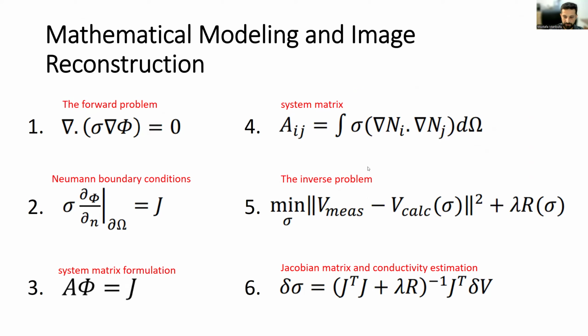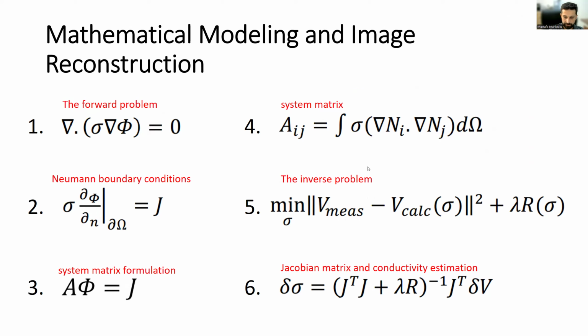The inverse problem is formulated as an optimization problem to minimize the objective function as given in equation 5, where V measurement is the vector of the measured electrode voltages, V calculated is the predicted voltage vector calculated from the forward model, and R of sigma is the regularization term.